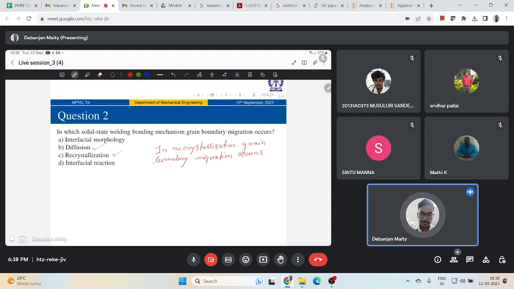Now, I have talked about diffusion and recrystallization. There are two more mechanisms, interfacial morphology and interfacial reaction.